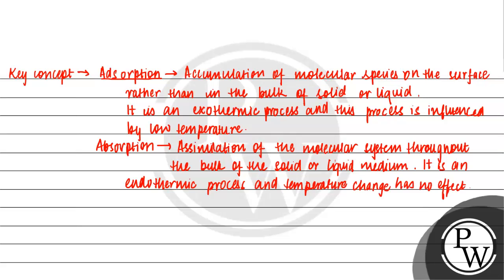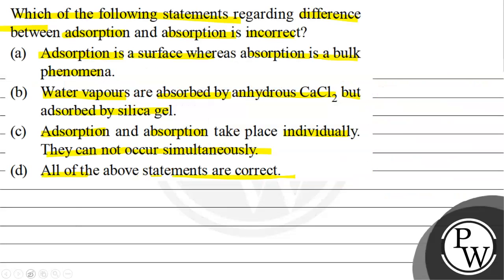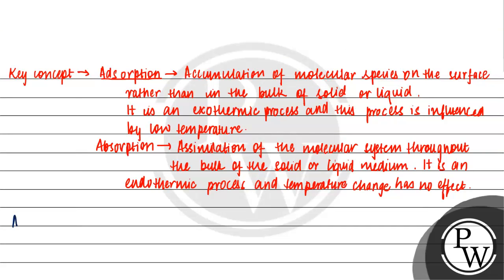Now let us see the first point of differentiation that has been given to us in the question. पहला point हमें दिया हुआ है adsorption is a surface whereas absorption is a bulk phenomenon. हमने अभी देखा that in adsorption, जो हमारी molecular species होती है वो surface में accumulate होती हैं. So it is a surface phenomenon.